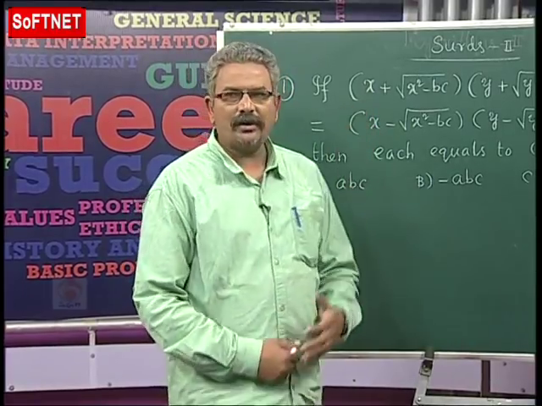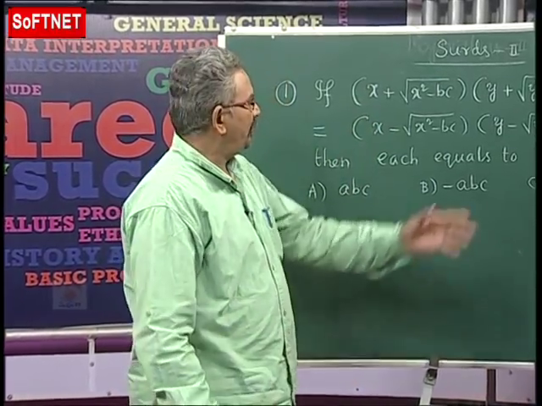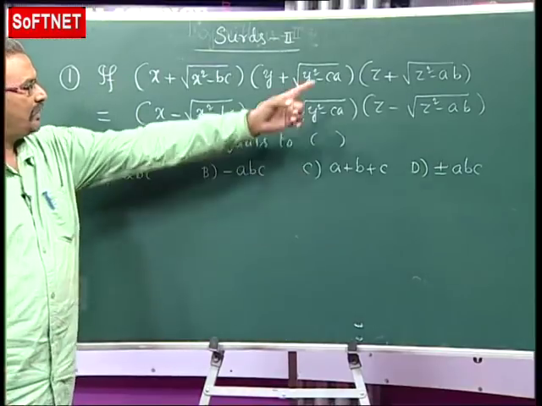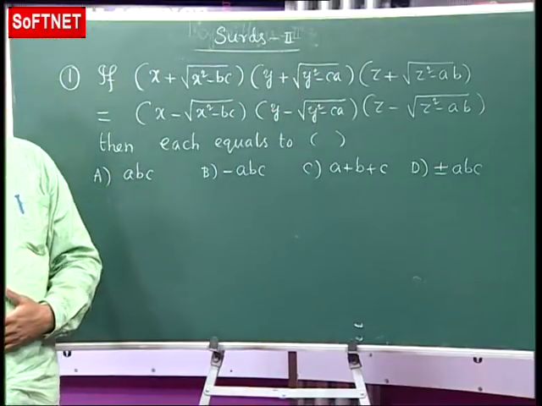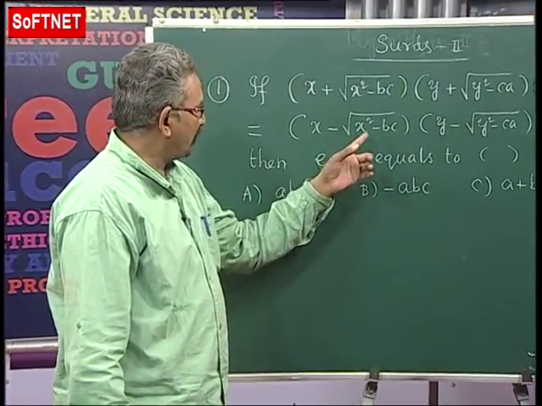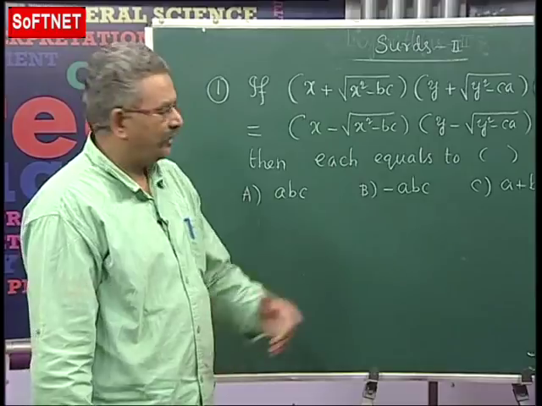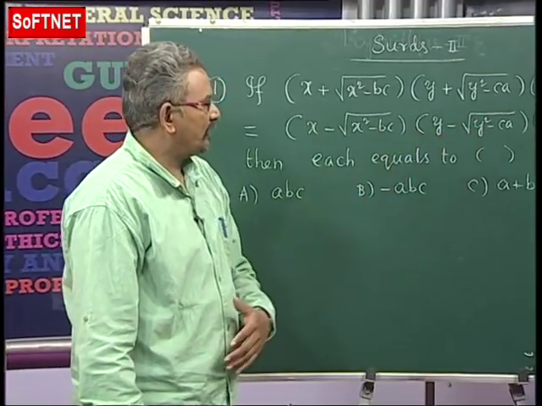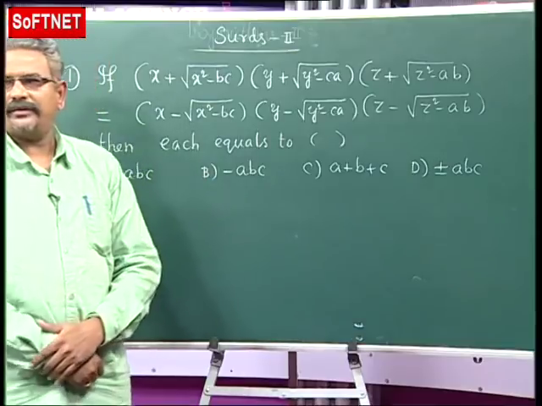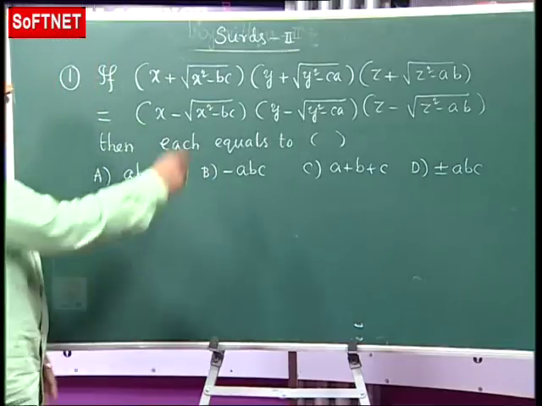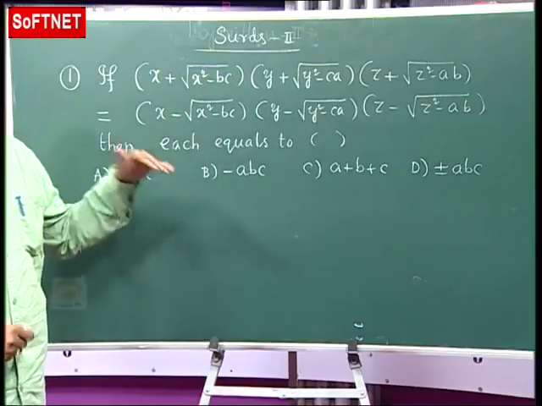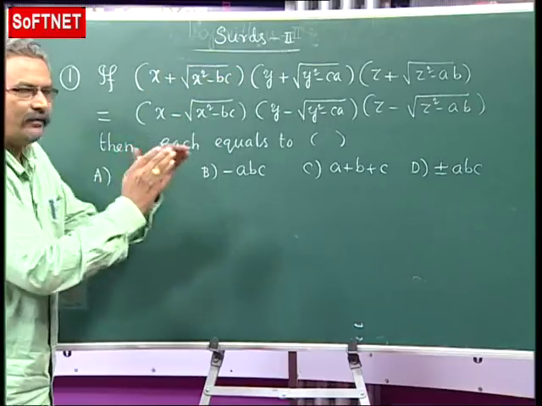x plus root of x square minus bc multiplied by y plus root of y square minus ca, z plus root of z square minus ab is equal to x minus root of x square minus bc, y minus root of y square minus ca multiplied by z minus root of z square minus ab. Then each side equals, that means LHS and RHS both have the same value.